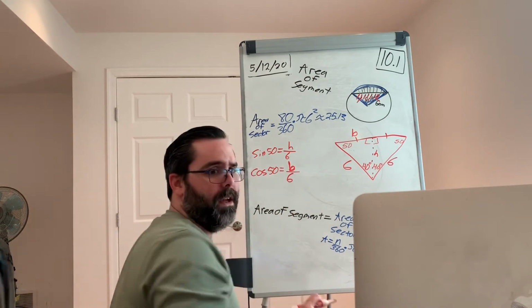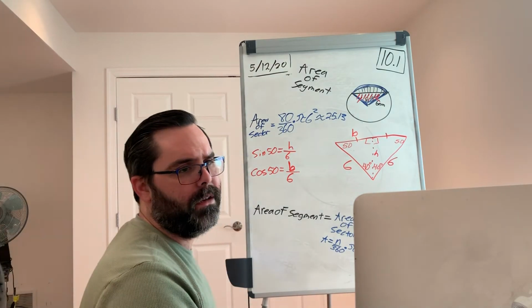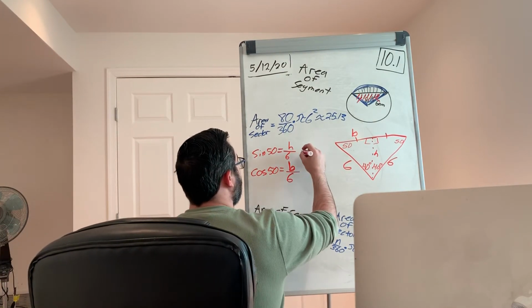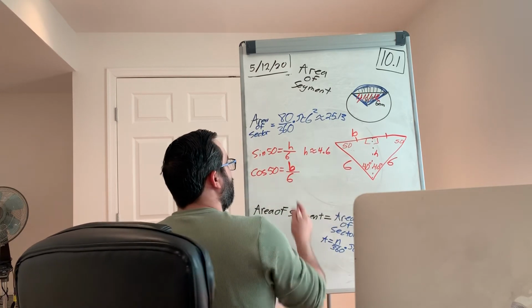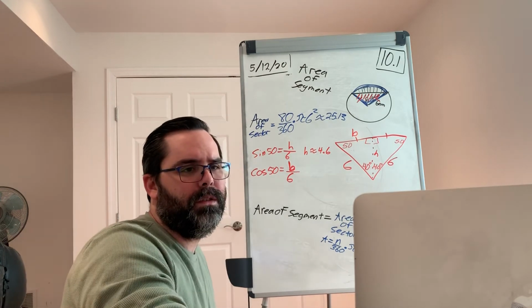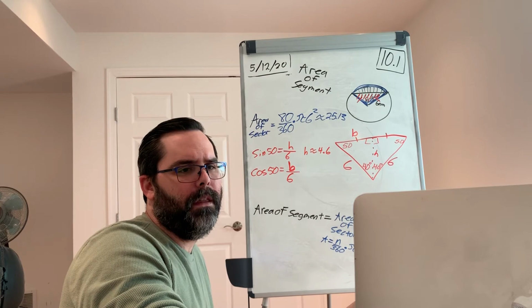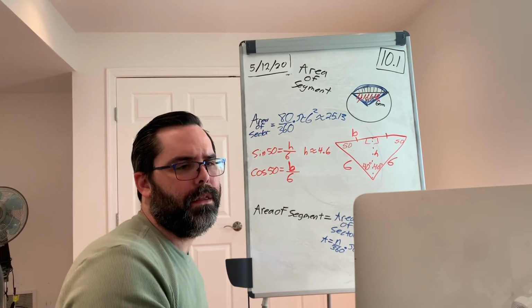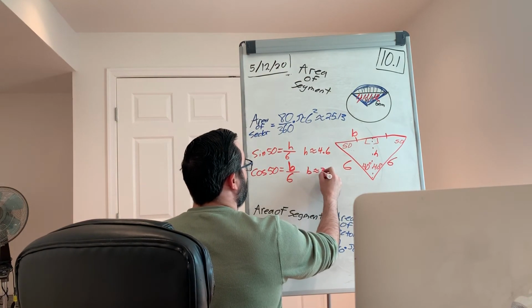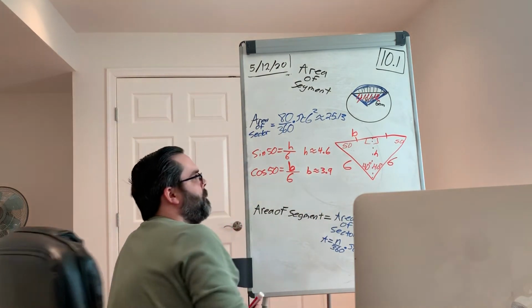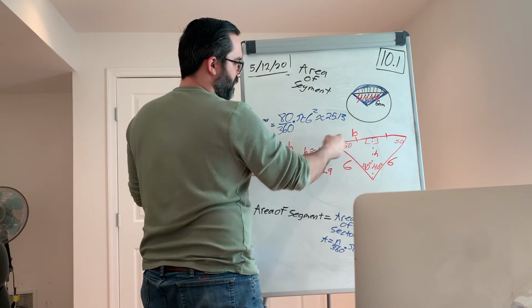And then if we multiply that by 6, we get 4.6. And the base is the cosine of 50. And then we multiply that by 6. And we get 3.9. So which means that this is a height of 4.6 and this base is 3.9.